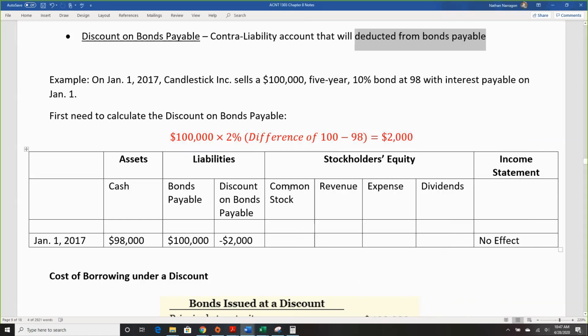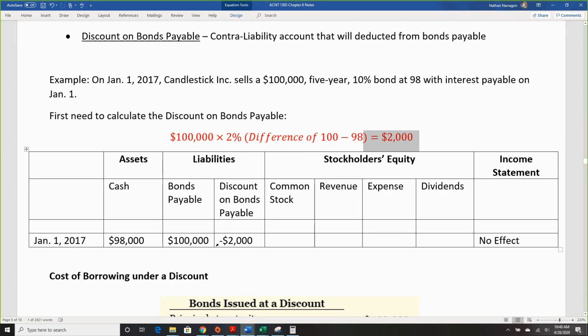So, when it's in your table, you take the 100,000, that's our par, face value. Bonds payable is always face value. So, no matter what it is, that's your bonds payable. Okay? Discount on bonds payable is the number that we just calculated, $2,000. Again, it's a negative.